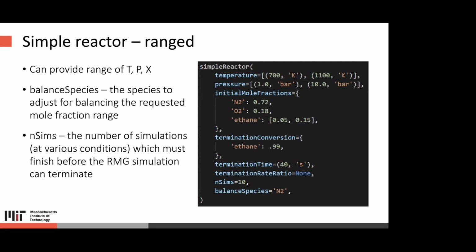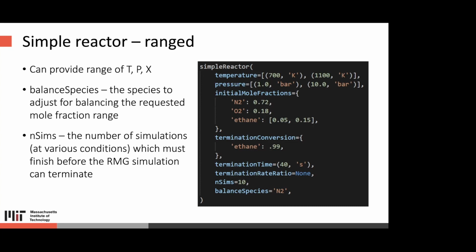So since you have 10 sims specified there over a temperature range, say there was only 1 bar pressure, and you still had 700 to 1100 Kelvin, would it just split that difference into 10 different temperatures and run simulations at all of those? How does it determine that? Right.